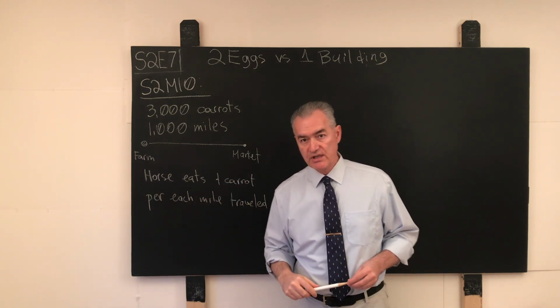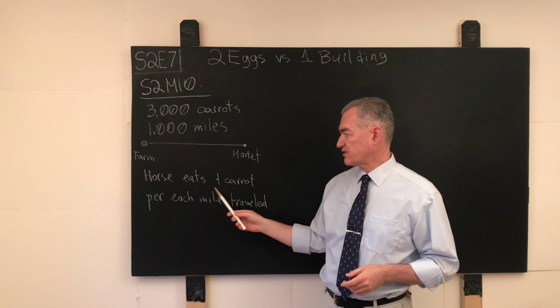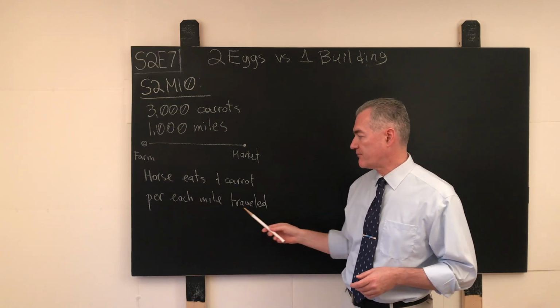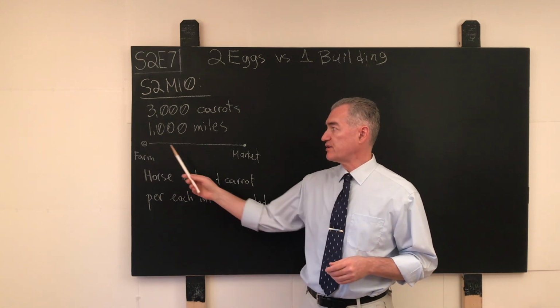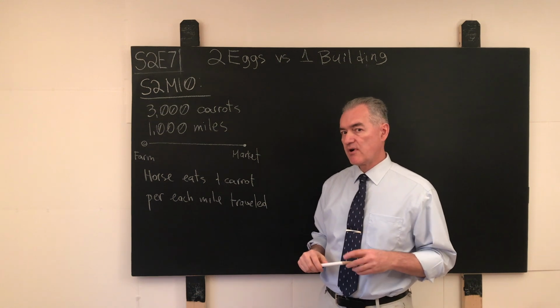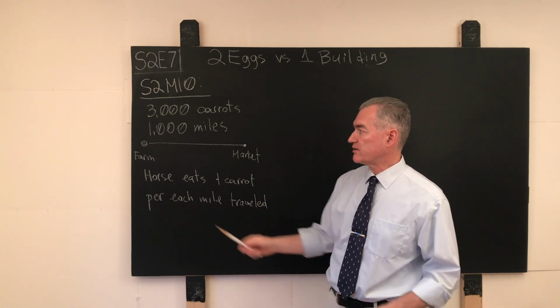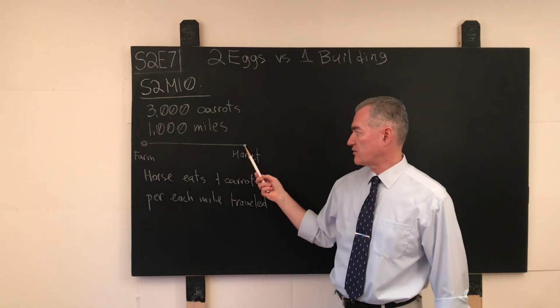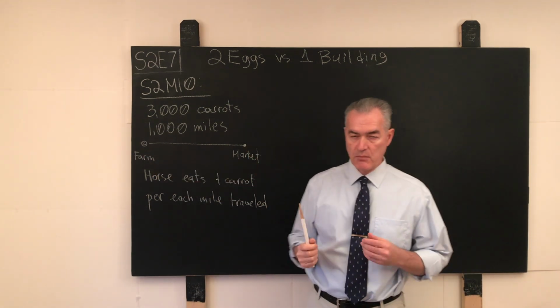But the problem is that the horse eats precisely 1 carrot for each mile traveled. The question is, what is the largest number of carrots that the farmer can sell at the market and deliver these carrots from the farm that is precisely 1,000 miles away from this market?